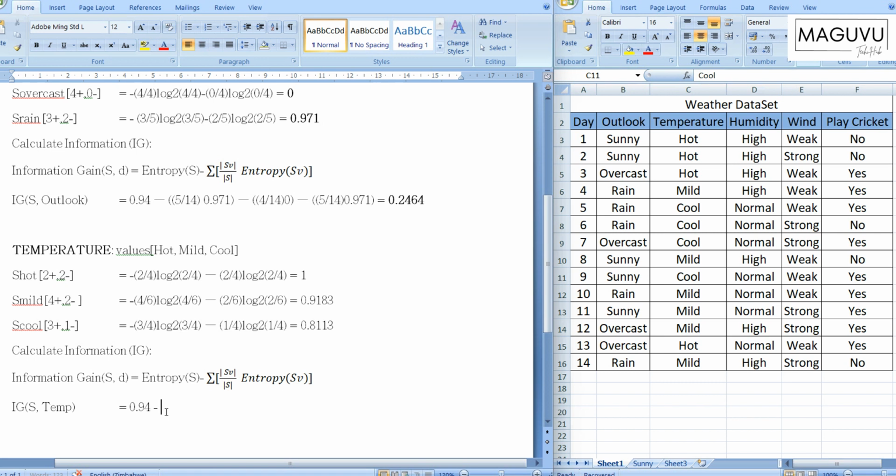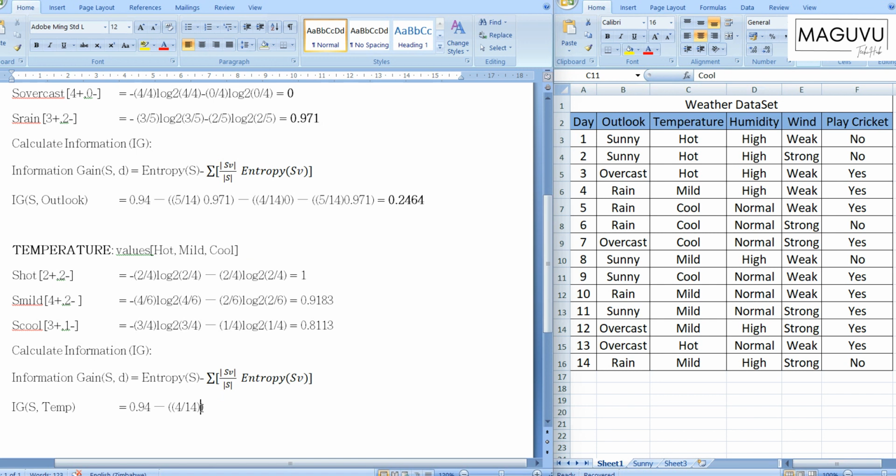So we are then going to say 4, which is a total of 4 here that we have, divided by 14, and then the result of that we would want to multiply by its entropy there, which is 1.